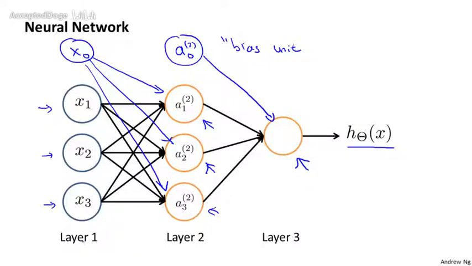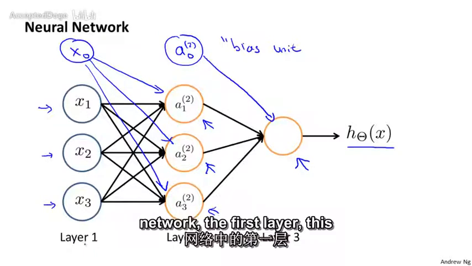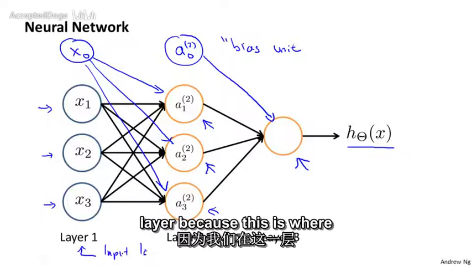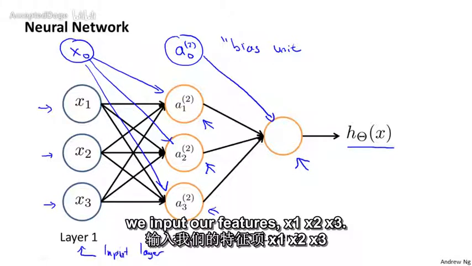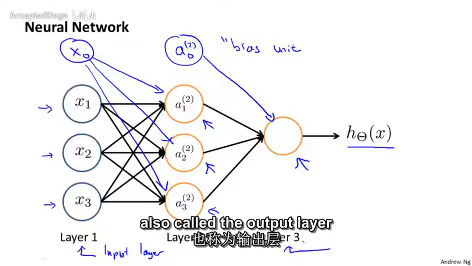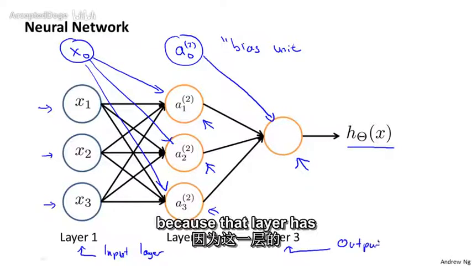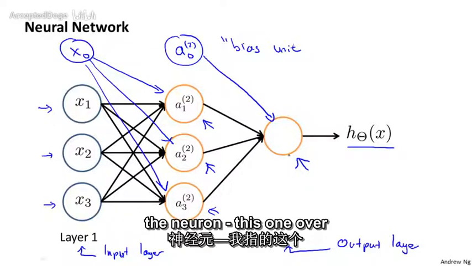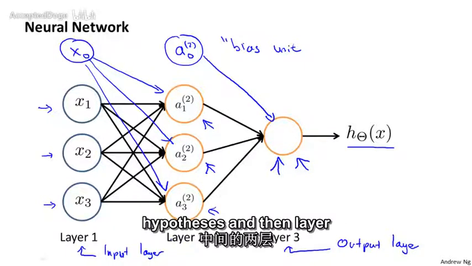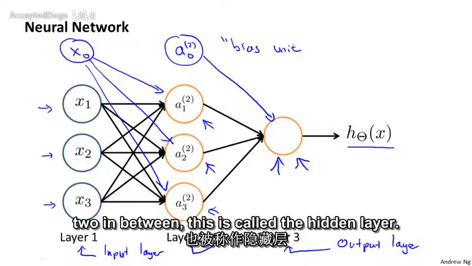To introduce a bit more terminology, in a neural network, the first layer is also called the input layer, because this is where we input our features, x1, x2, x3. The final layer is also called the output layer, because that layer has the neuron that outputs the final value computed by a hypothesis. And then layer 2 in between is called the hidden layer.